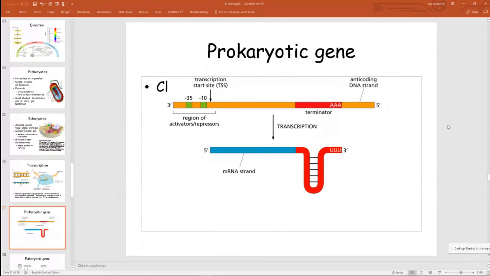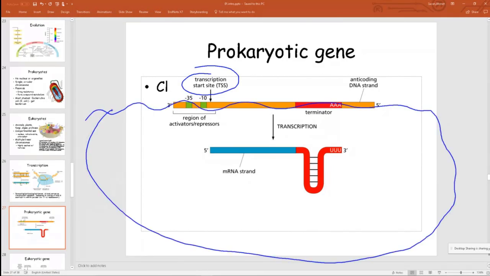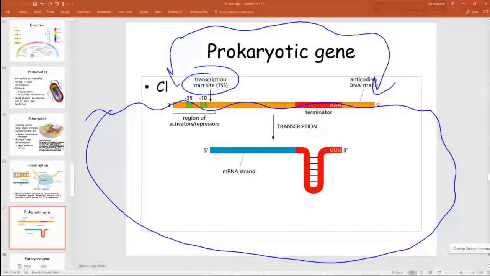A prokaryotic gene has a transcription start site. So I'm looking at a DNA molecule right here, a circular DNA. There's one gene here. Okay. There may be another gene somewhere else. The transcription start site is a particular set of nucleotide sequences, say it's AT-ACT.